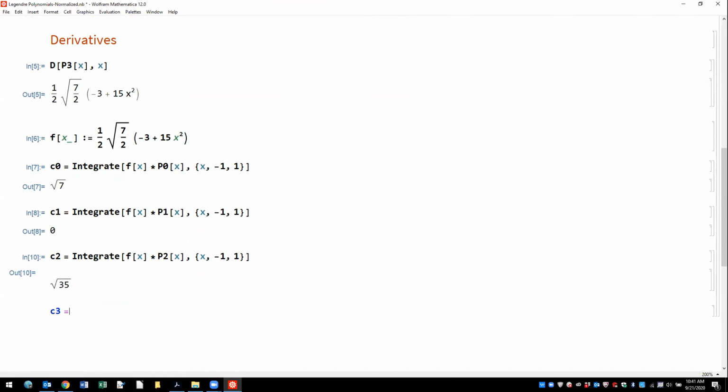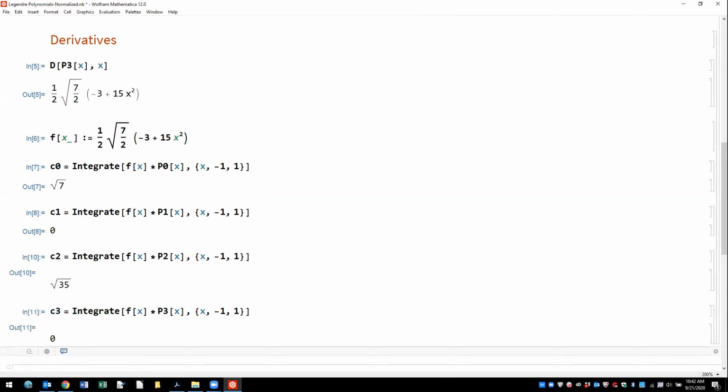And C3 is the integral of f of x times P3 of x, x from -1 to 1. All right, so what we've just done is figure out how to take the derivative of P3 and express that in terms of all of the other vectors.